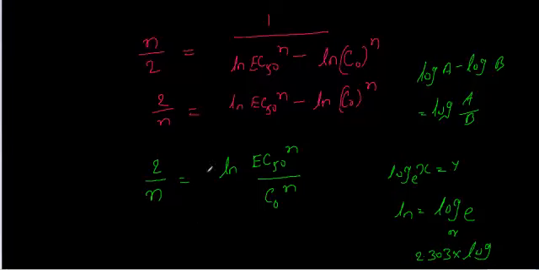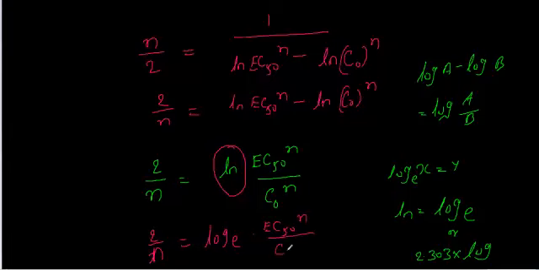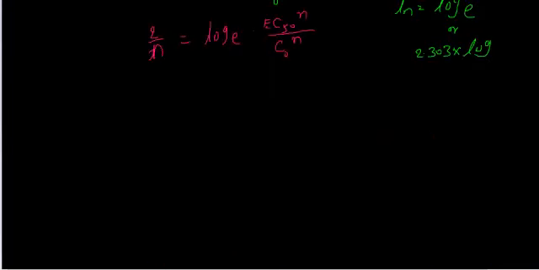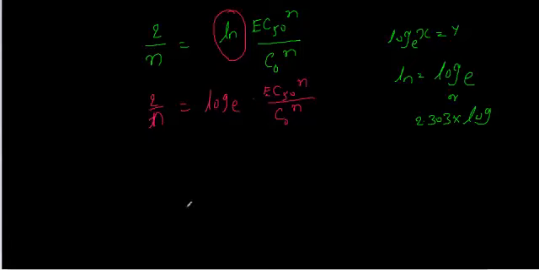So I'm going to replace this ln like this: 2 by n equals log base e of EC50 to the power of n over C0 to the power of n, right?